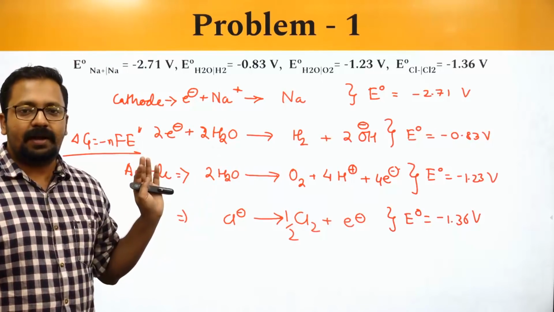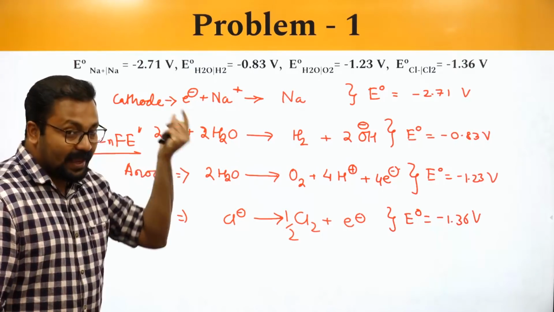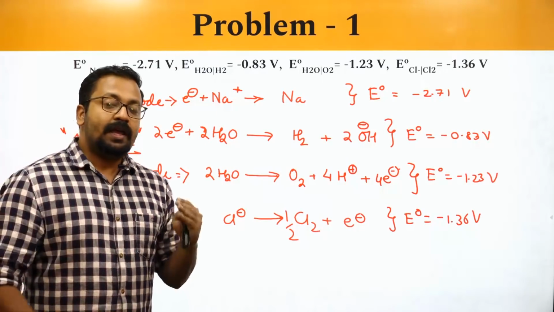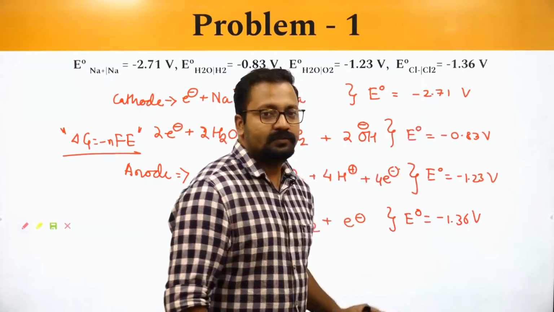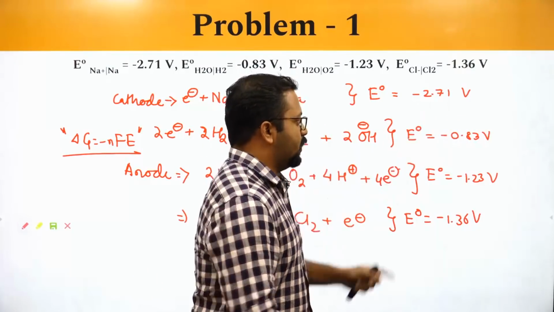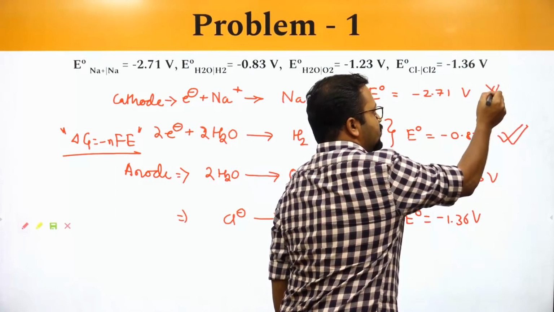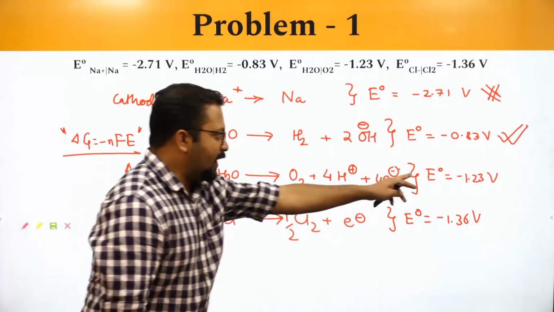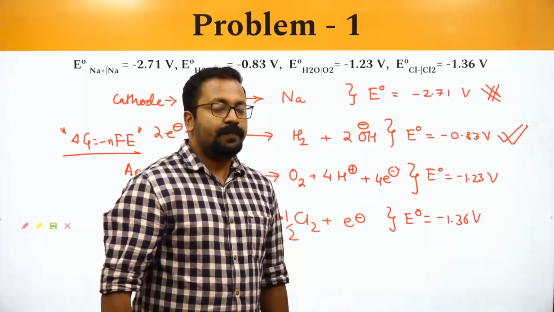We won't get a negative delta G, because the E value is negative. So I'll look for the least positive. Least positive will be this or this? It will be this one. Obviously this one will not be least positive. Between these two, which will be least positive? The first one rather than the second one.